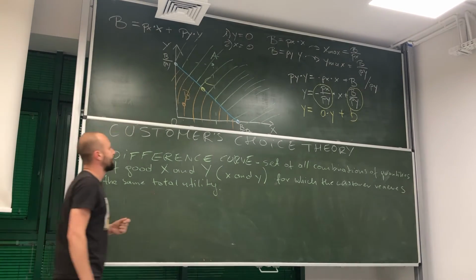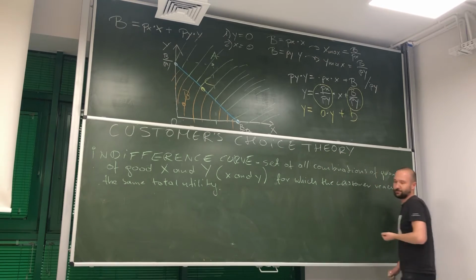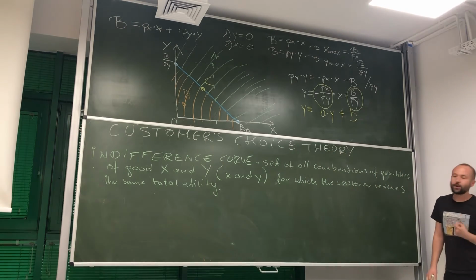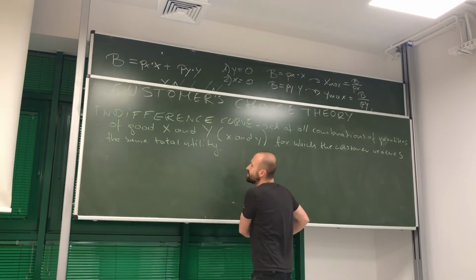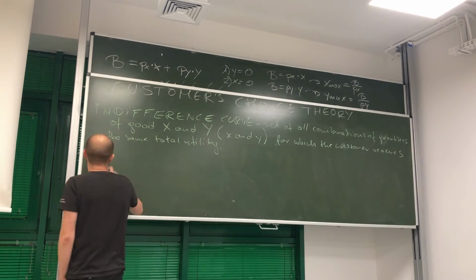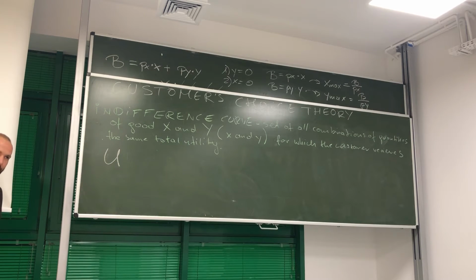Okay, now, how to approach this mathematically? Look, as it turns out, there's a very simple trick to it. We are going back to the total utility function that we introduced last time.